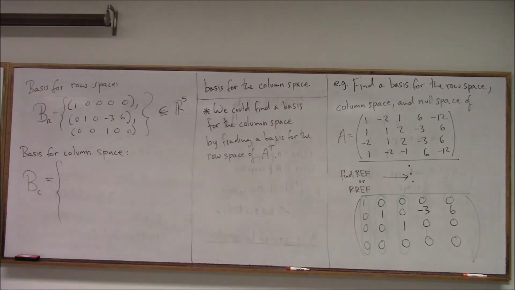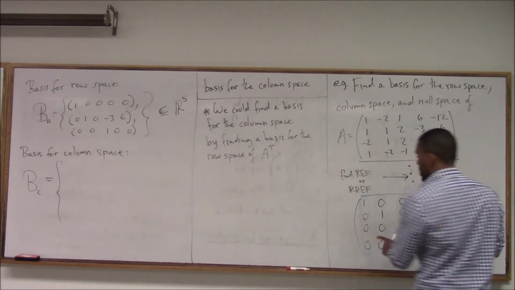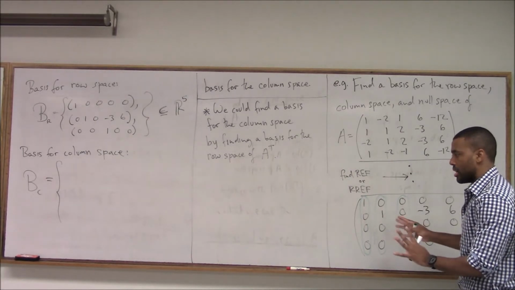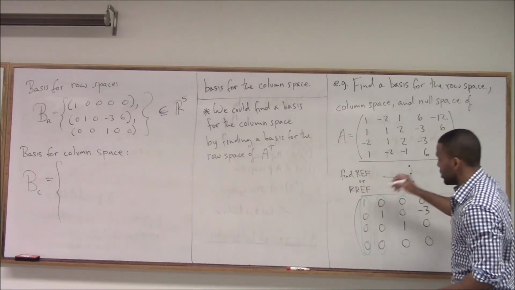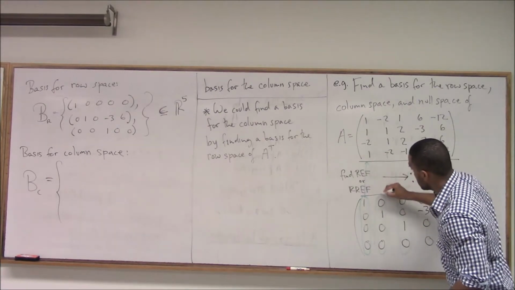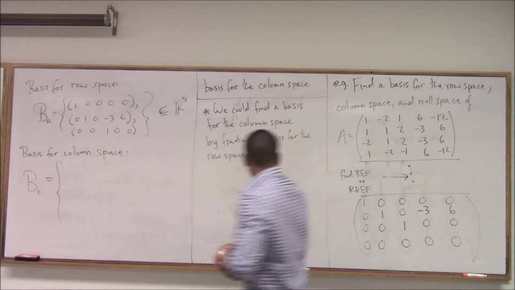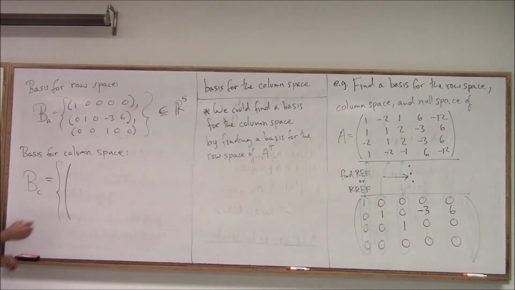It's a three-dimensional subspace of R4. But again, with the column space, it's kind of weird because row operations can affect how the vectors relate to each other. So what you have to do is look at the corresponding columns in the original, and those are the guys you would write down, because your row operations might mess things up in the columns.